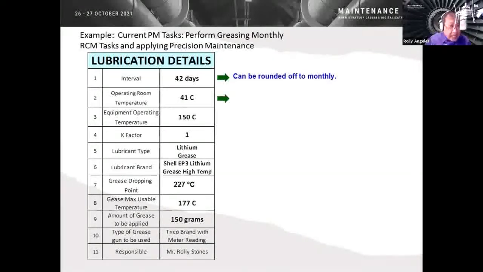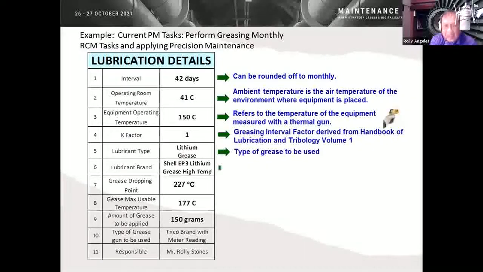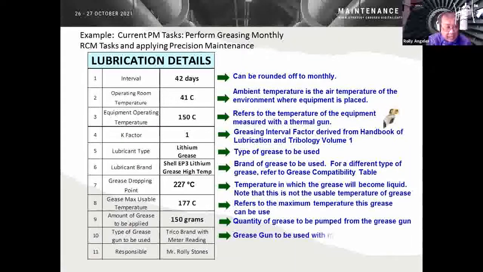So this is how detailed we should write our maintenance tasks, so that whoever is doing the task will not assume but perform it precisely as indicated, so that it will yield the same outcome or the same output. Okay?